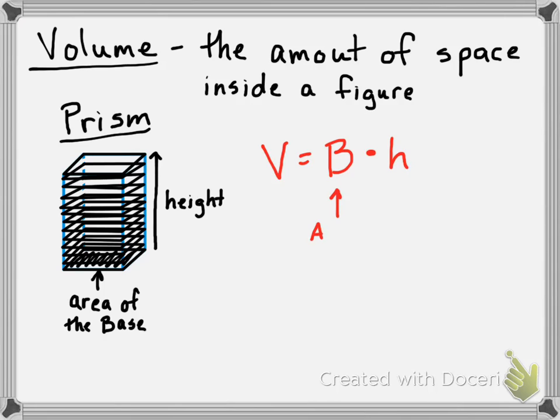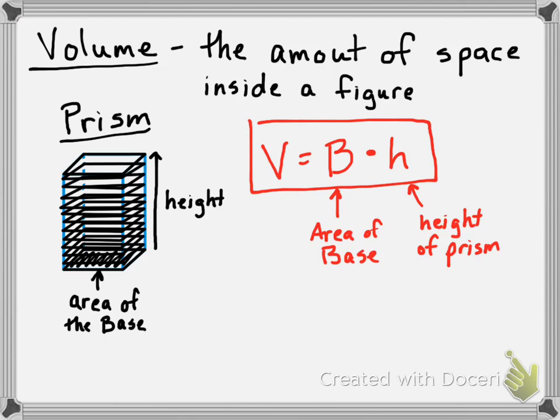Okay, so this capital B stands for the area of the base, and the H stands for the height of the prism. Now don't get that confused. Capital B is the area of the base. It's a capital letter because it's something we have to calculate.